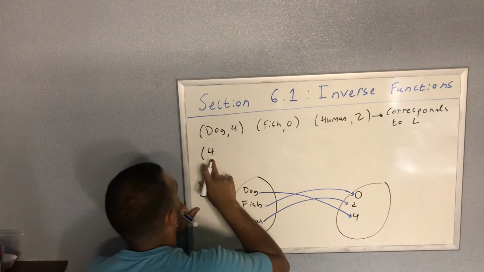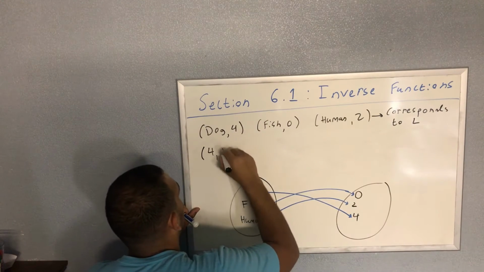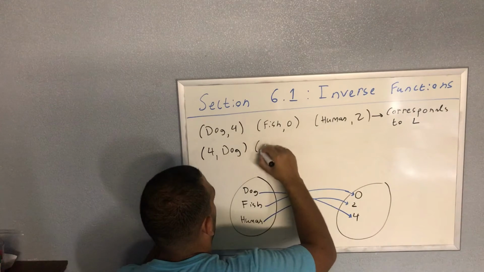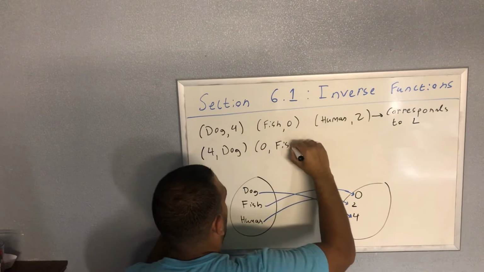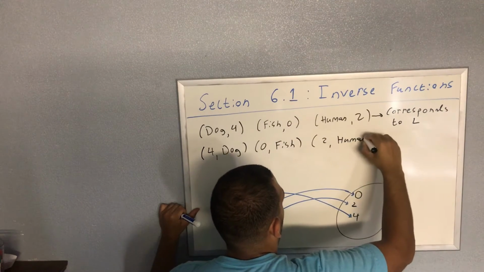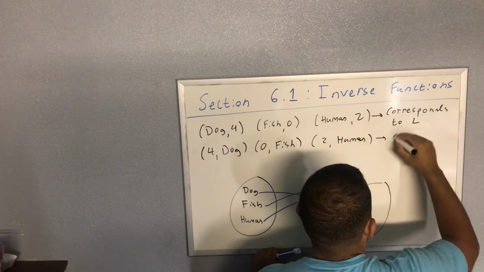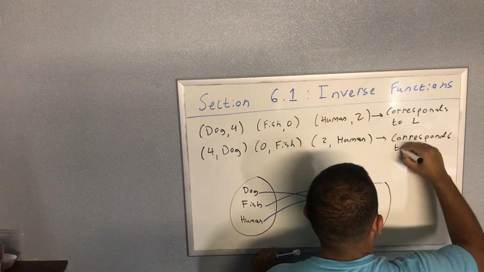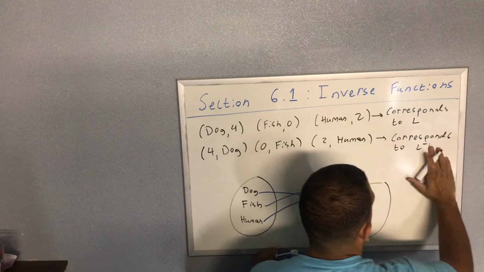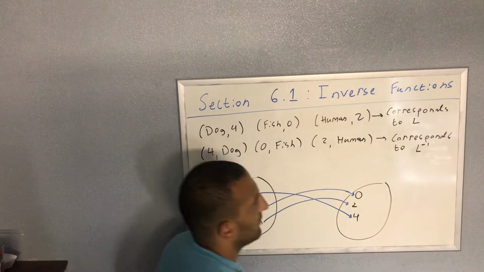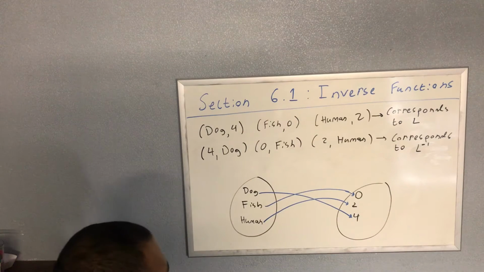So now I stick 4 into L inverse, and I get dog out. So this is the input, that's the output. So L inverse is how we say it, but it's L raised to the negative 1 power is how we write it.